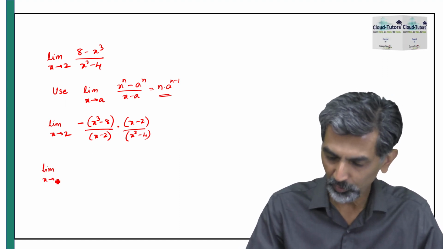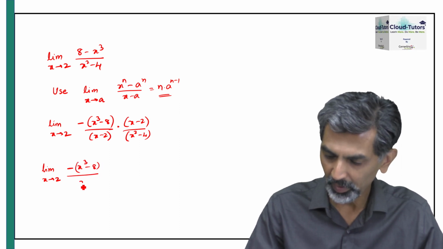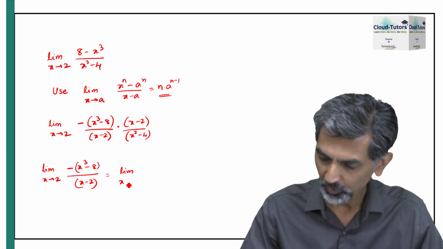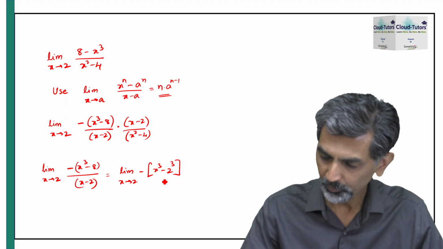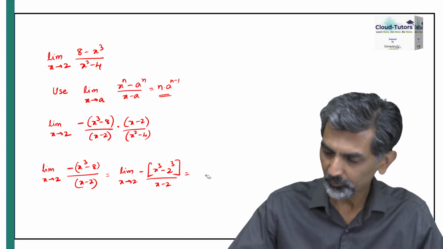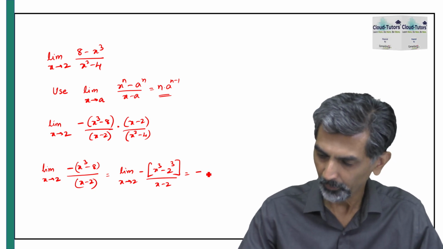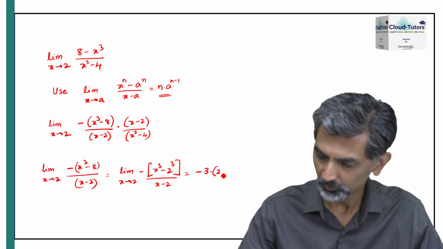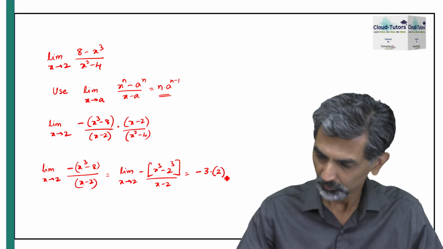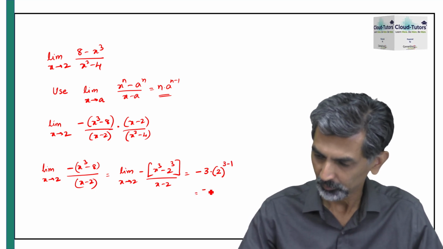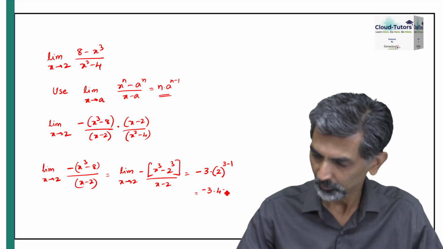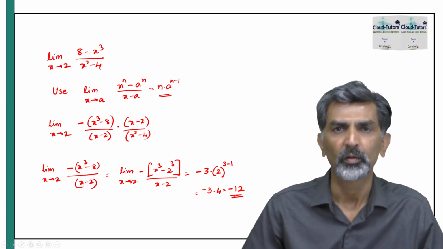The limit as x tends to 2 of negative (x cubed minus 8) by (x minus 2) is of this form, and therefore I can write it as the limit as x tends to 2 of negative (x cubed minus 2 cubed) by (x minus 2), and that is equal to negative 3 times 2 to the power of 2, which is negative 12. So that is one part of the limit.